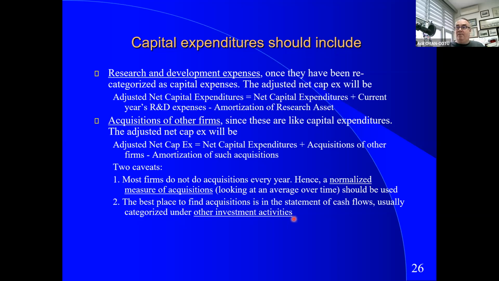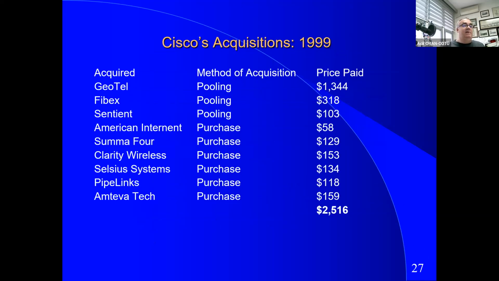Where do you find information about acquisitions? Look into your financial statements, other investment activities, and in the footnotes to the financial statements, you would probably find information about these. So Cisco, a company which has been growing by buying companies. Notice just in 1 year, 1999, they bought 1, 2, 3, 4, 5, 6, 7, 8, 9 companies.